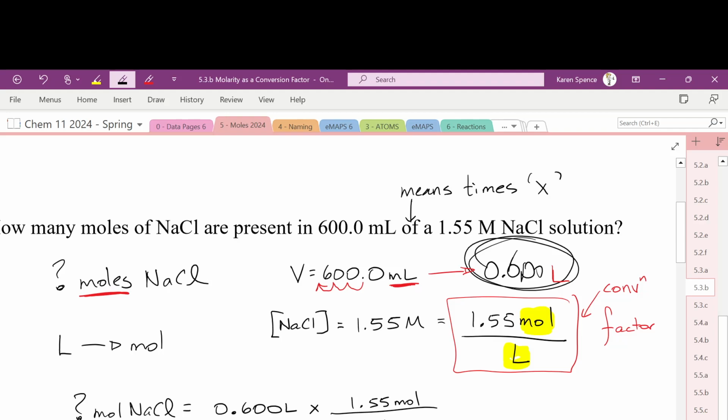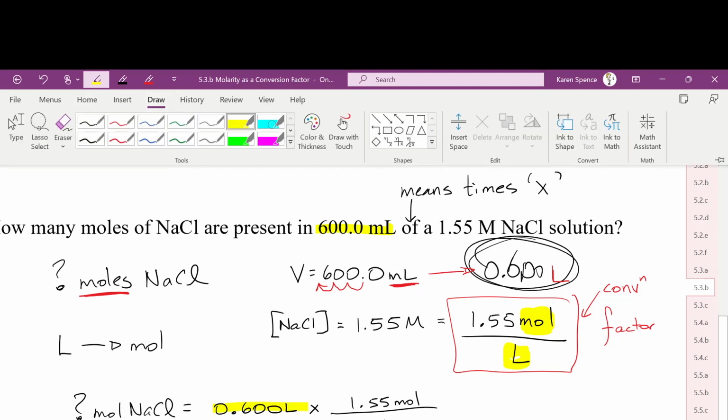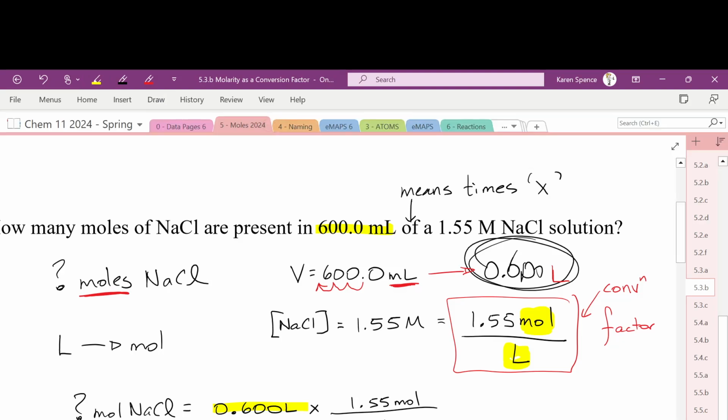And look what I did. I took my 600 milliliters, except I changed it to liters. And then what did I do with it? I multiplied it of 1.55 molar.